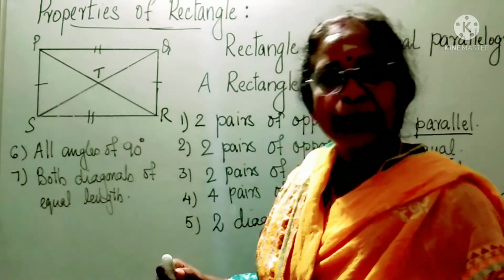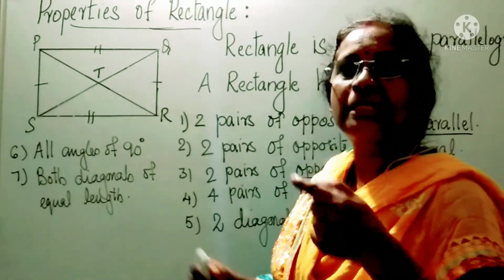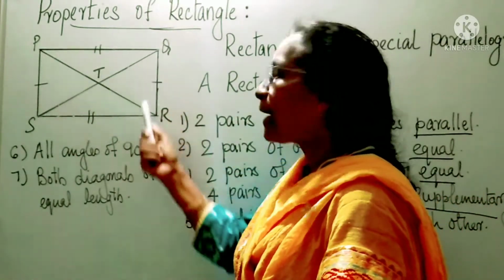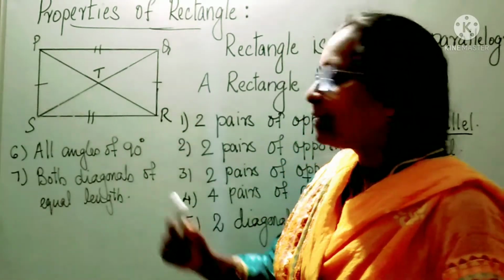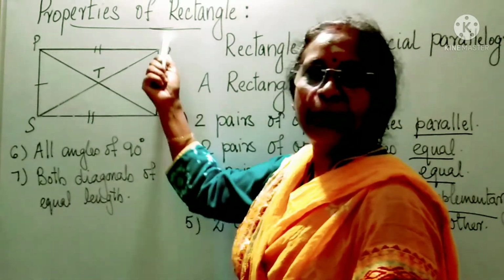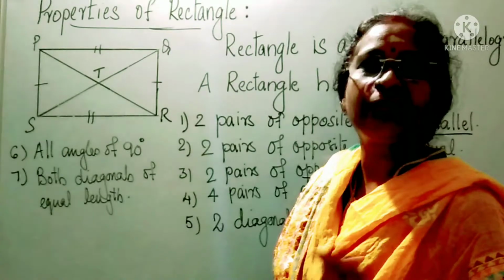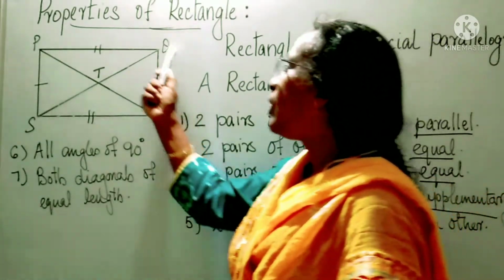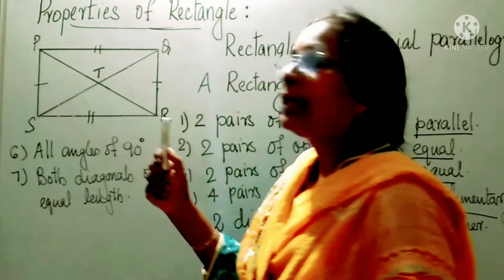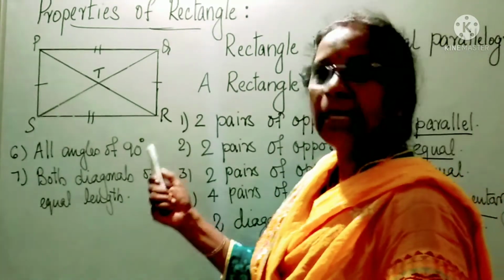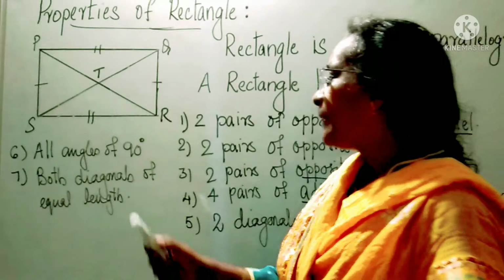Now, another property of parallelogram is that adjacent angles are supplementary. That means, if you add these two angles, you should get 180 degree. If one angle is 90, what will be the other angle? Naturally, it will be 180 minus 90, which is again 90. So, all four angles of a rectangle are 90 degree, or they are right angles.